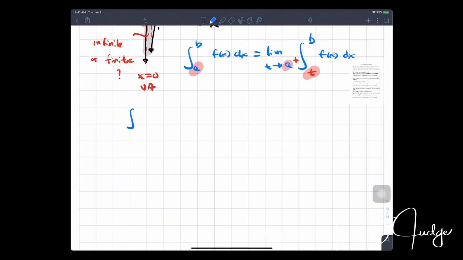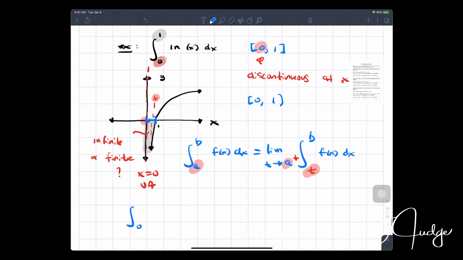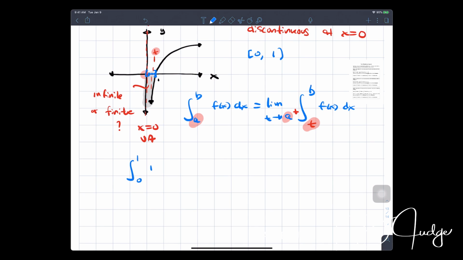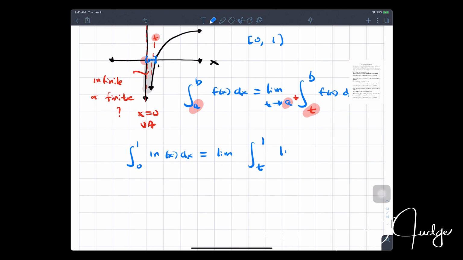So anyway, using this definition here, the integral 0 to 1 natural log x dx is the limit. Here's t, here's 1, natural log x dx, t goes to 0 from the right. Again, because we have a vertical asymptote for the lower limit value, and so we approach 0 from the right now.